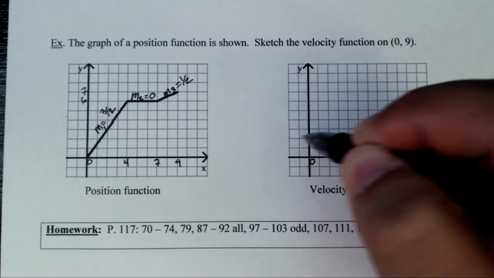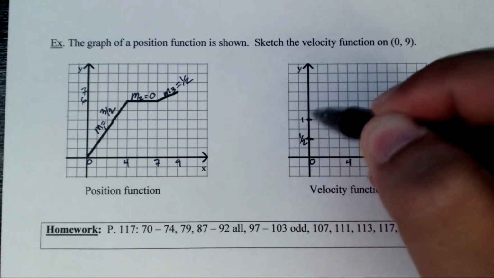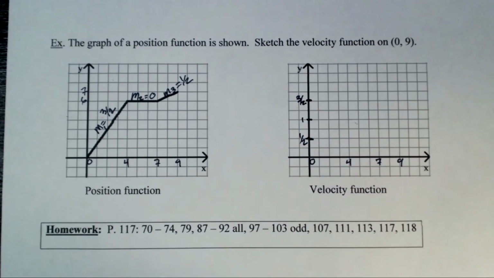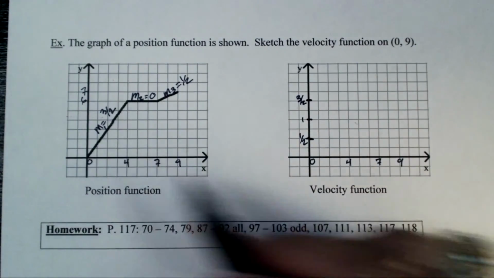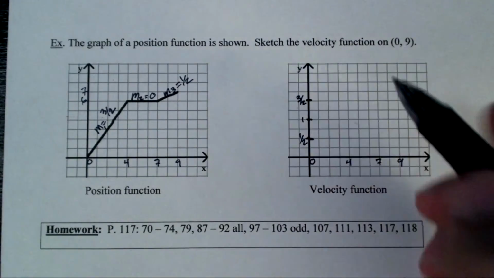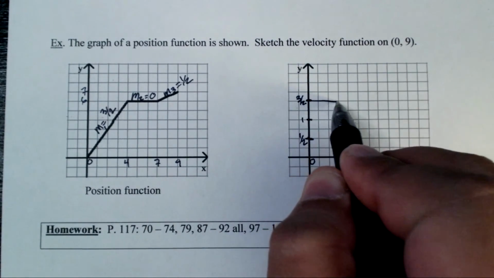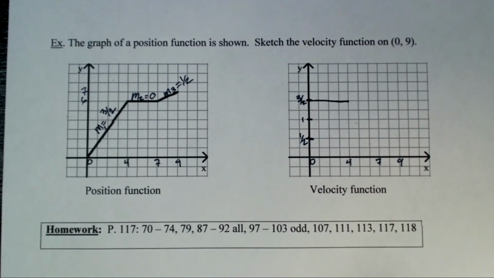So we'll say that 1/2 is right here, and that this is 1, and that this here is 3/2. Okay, just so we can kind of see it better. So then our slope from 0 to 4 is going to be 3/2. So that means that from here to here, 1, 2, 3, 4, right? We have a slope of 3/2, and it's constant.